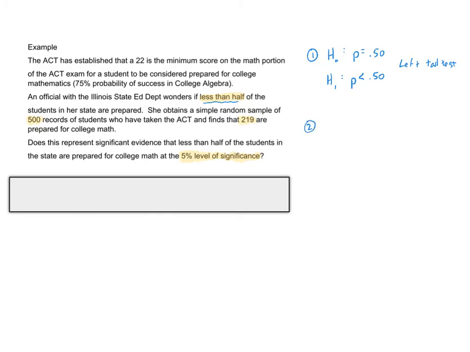Step 2 is our level of significance. So I'm following the steps from the previous slide, and they tell me that alpha, and where is it? Down at the bottom of the problem, is equal to 0.05. Alpha is 5%. Okay, so here's where I stray from the steps on the previous slide a little bit.